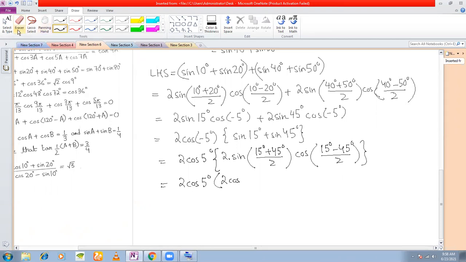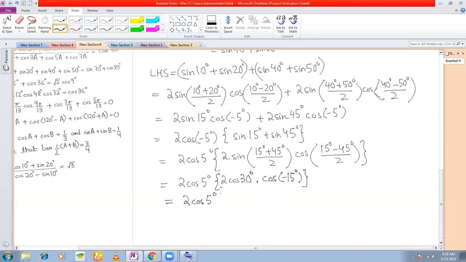Now 15 plus 45 is 60. 60 divided by 2 is 30. This is sine 30 degree into cos 15 minus 45 is minus 30, and minus 30 divided by 2 is minus 15, right? So this is what you are getting, and therefore you can write this as 2 cos 5 degree.